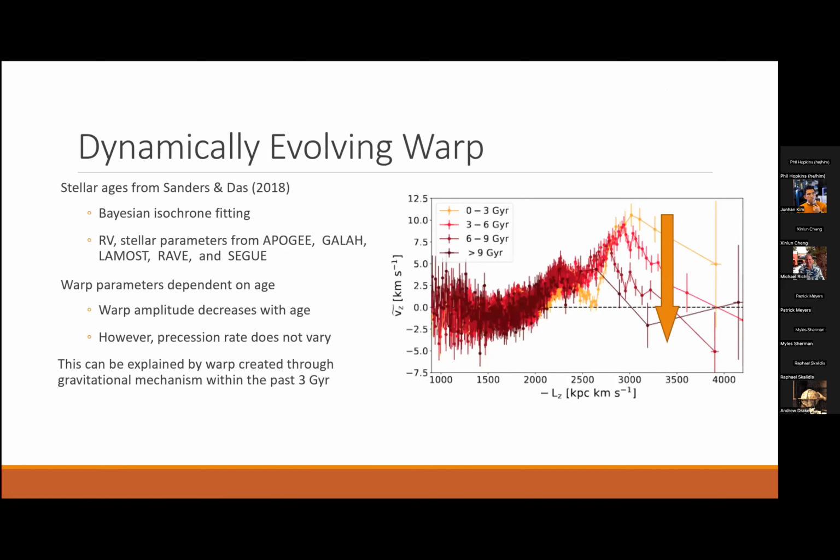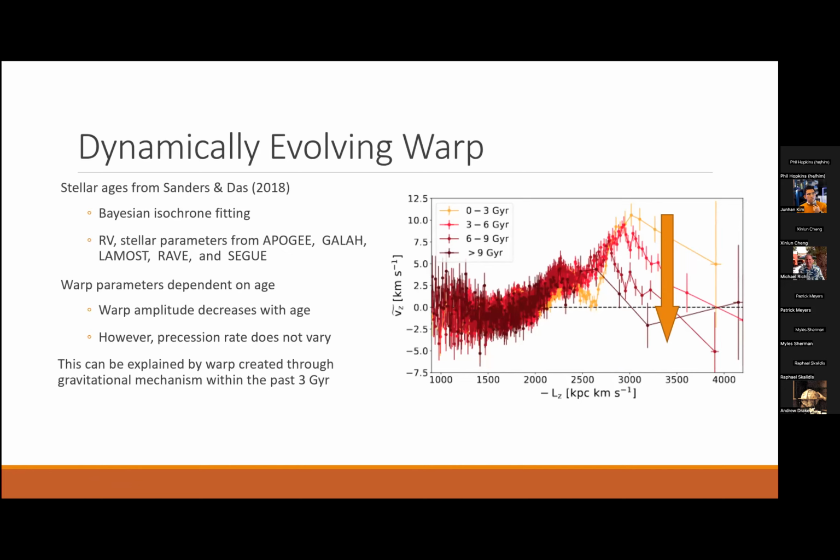Lastly, we would like to examine how the warp affects different stellar populations of different ages, the so-called dynamically evolving warp. We get our stellar ages from a catalog whose authors got their ages through Bayesian isochrone fitting, combining radial velocity and stellar parameters from a large number of surveys.